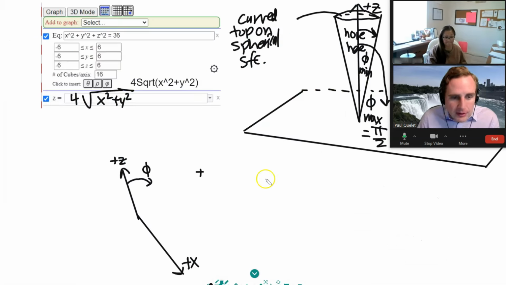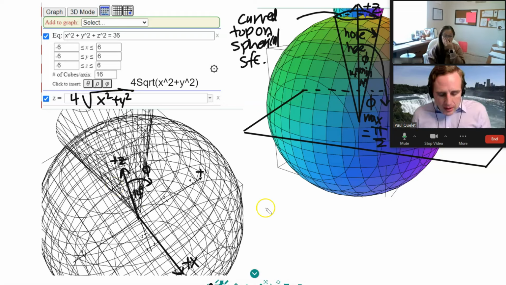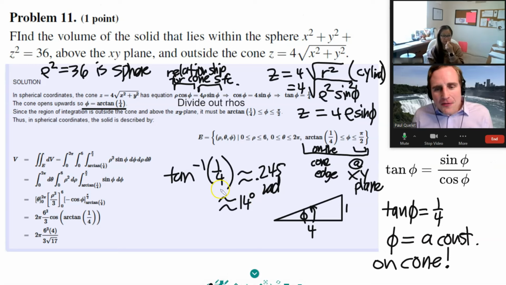So take a look at this diagram. Does this seem to be about 14 degrees right here? Yeah, about 14 degrees. You can kind of tell, right? Now the reason I bring that to your attention is because originally, when I was looking at this tangent value, I thought, okay, that's the tangent of a very small number.